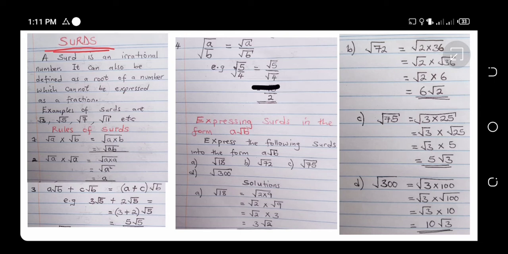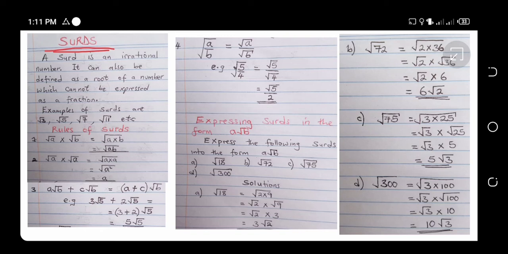But the denominator, root of 4, is not a surd, it is not irrational. So we can simplify it, the root disappears, and the answer is 2. So the answer which we get there is root of 5 divided by 2.